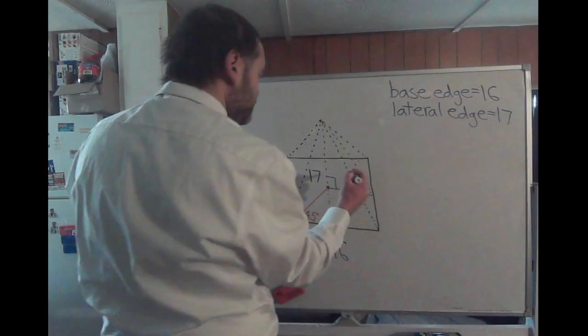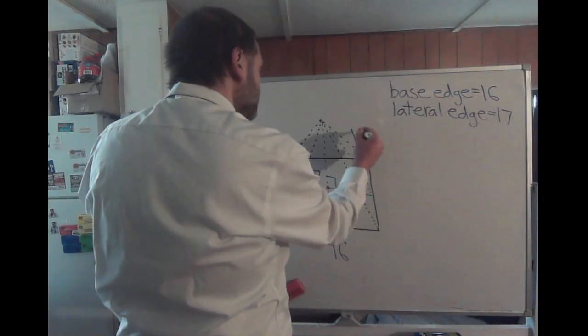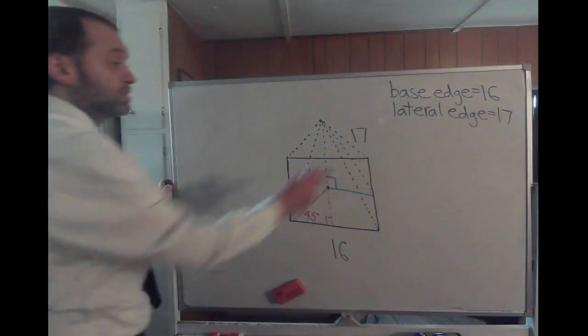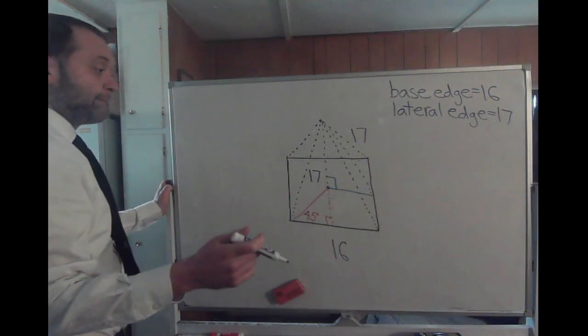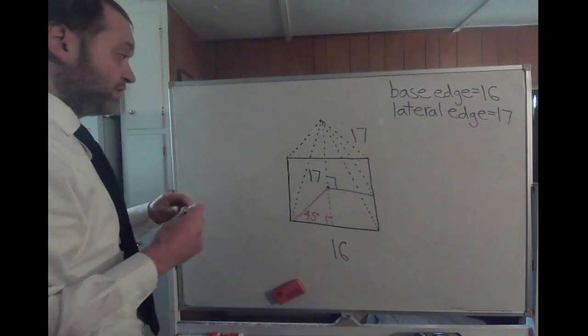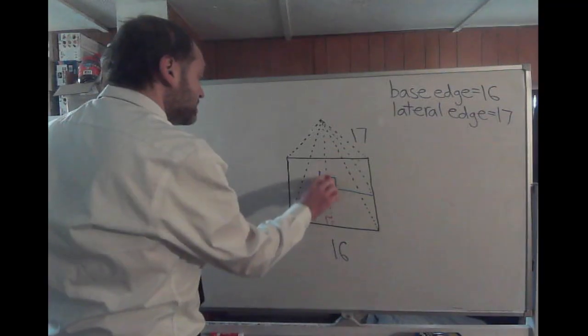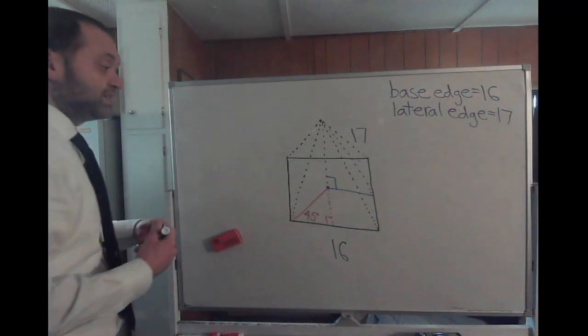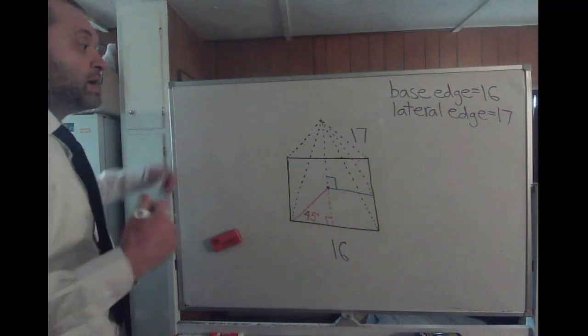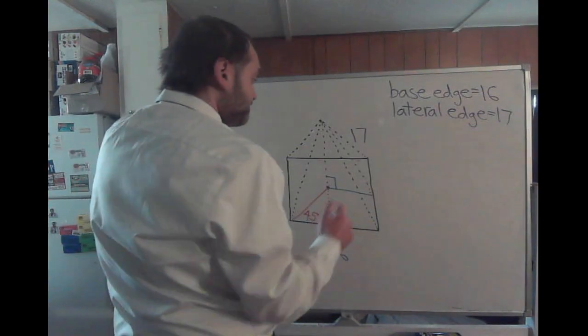Well, it would be true also that this side would be 17, since that's also a lateral edge. We could probably find the slant height first. Do you know why?